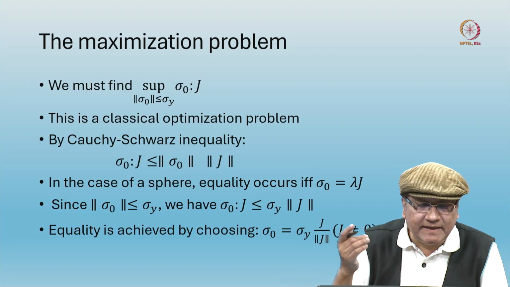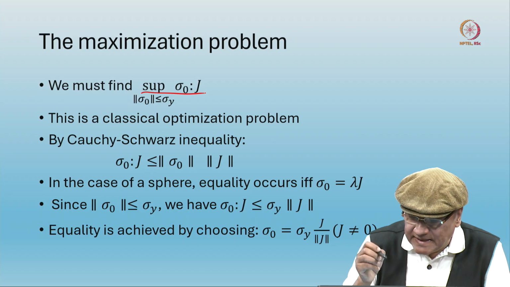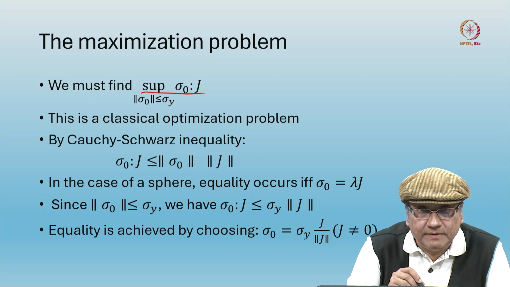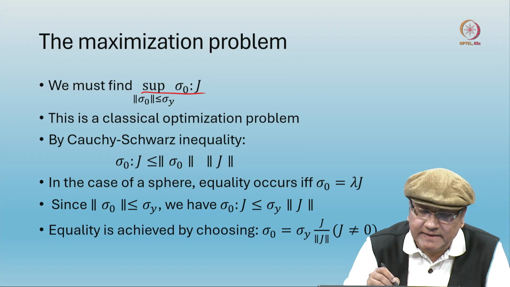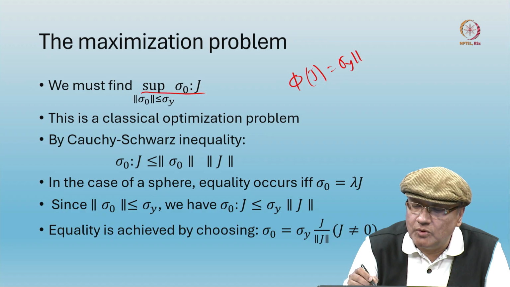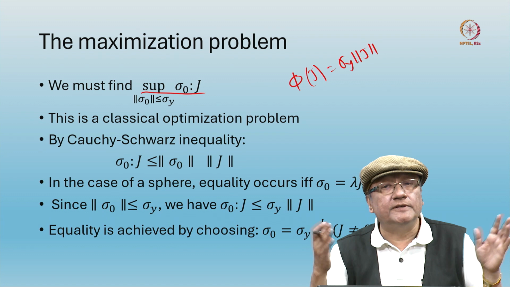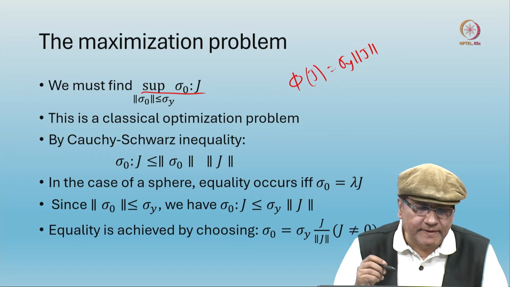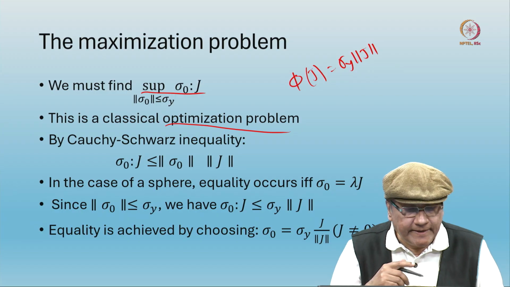So phi of j automatically will be equal to sigma y, corresponding to j acting in the same direction. So basically phi of j will be simply equal to sigma y times the norm of j, correct. So this is the definition for our dissipation potential from the notion of the support function, and we can apply the classical optimization problem to this phi of j, okay.